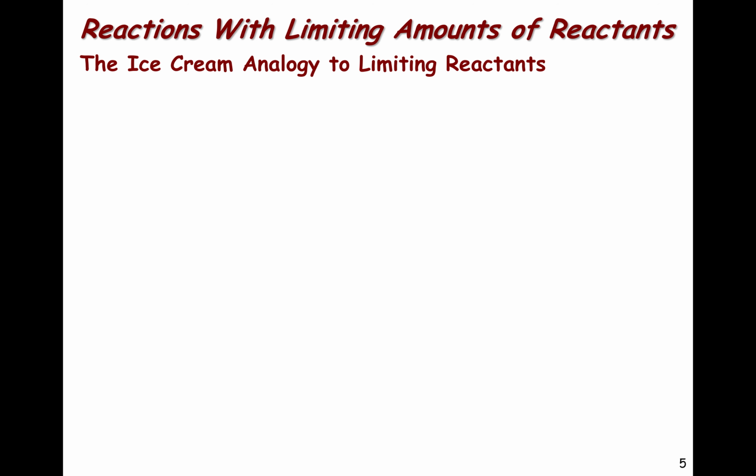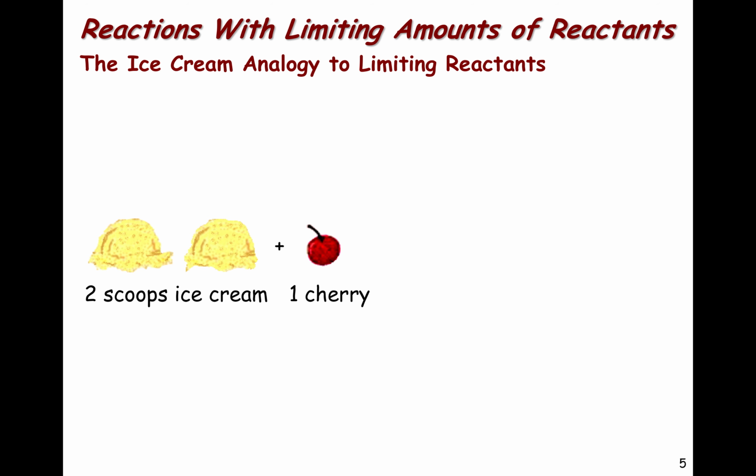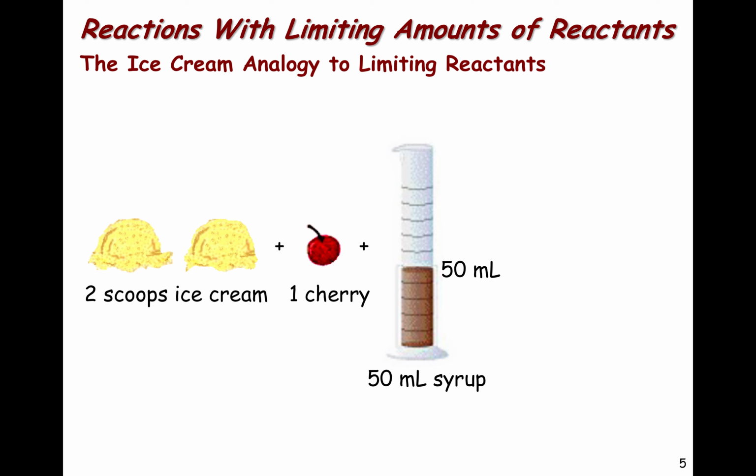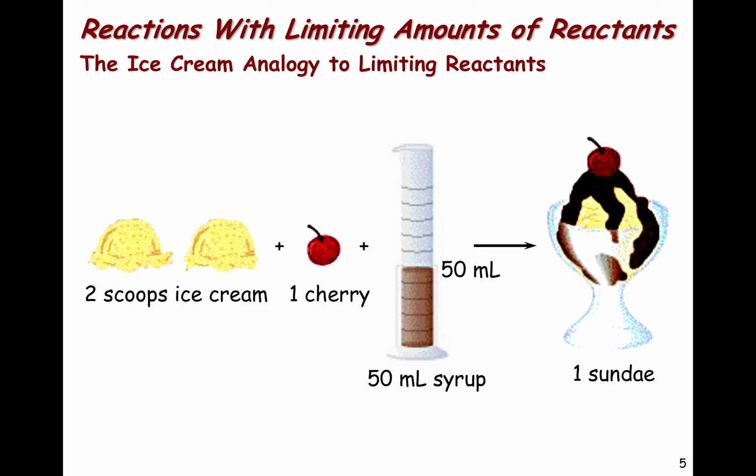And so the combination that might be required to make an ice cream sundae would be 2 scoops of ice cream, and then 1 cherry, and some chocolate sauce. And this might be 50 milliliters. We combine those in that appropriate ratio and we come up with 1 ice cream sundae.